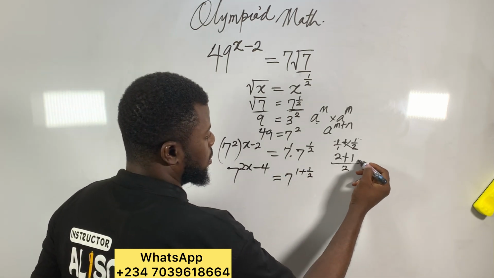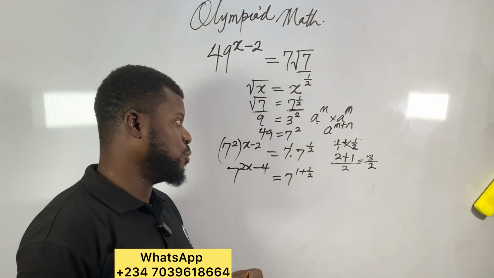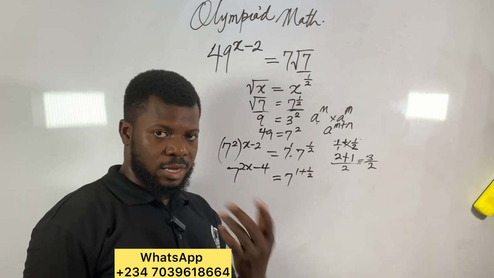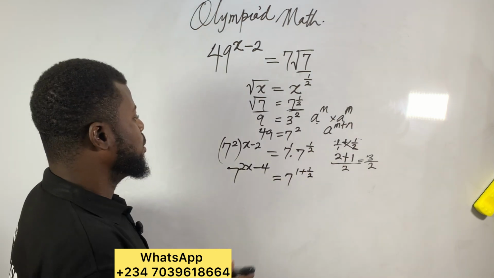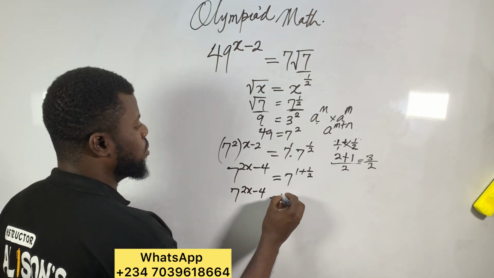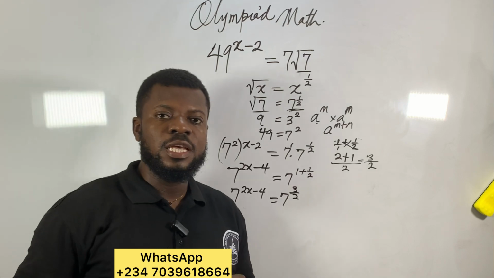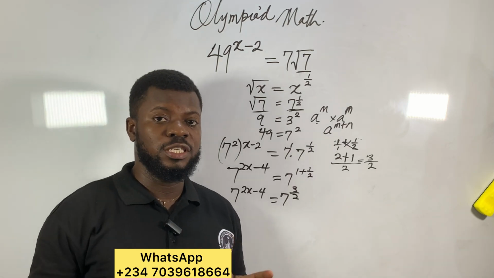So 2 plus 1 will give me 3 over 2. If you look for the LCM of 1 and 2, the other way is heavy. So yeah, I can get 7 to the power of 2x minus 4 equal to 7 to the power of 3 over 2.